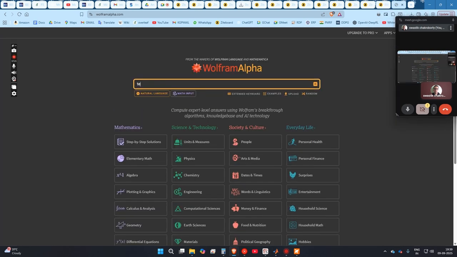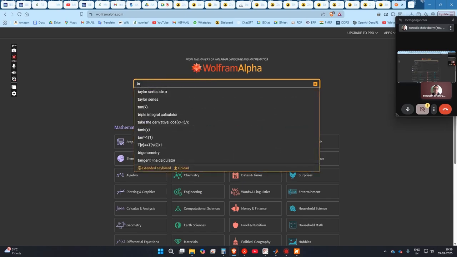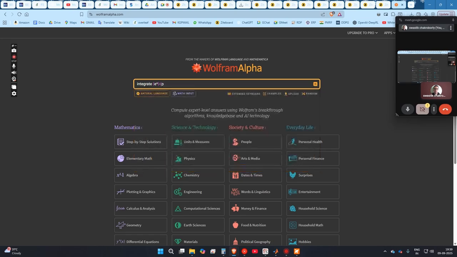Integrate e to the power minus p square by 2 over 0 to x.